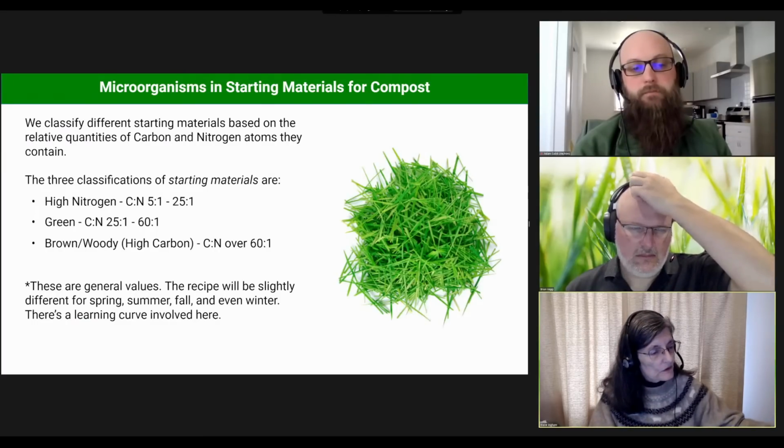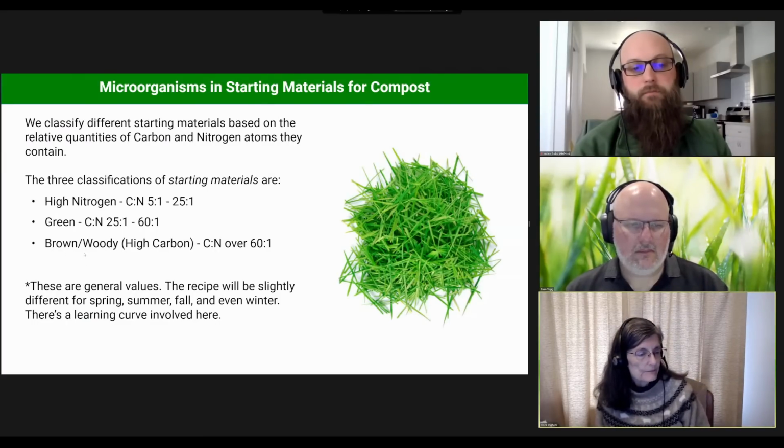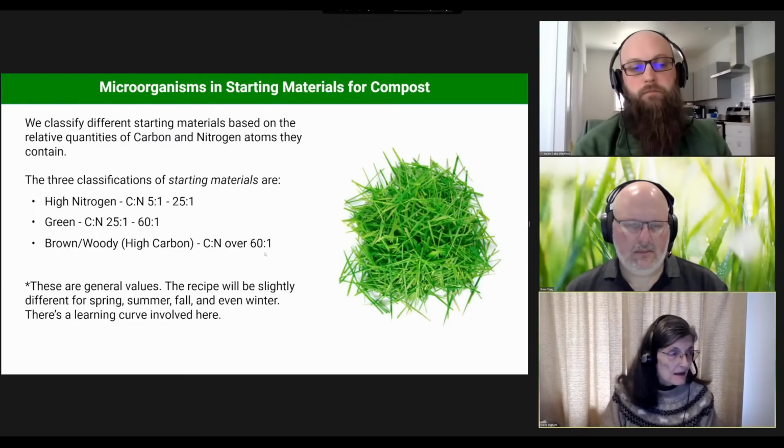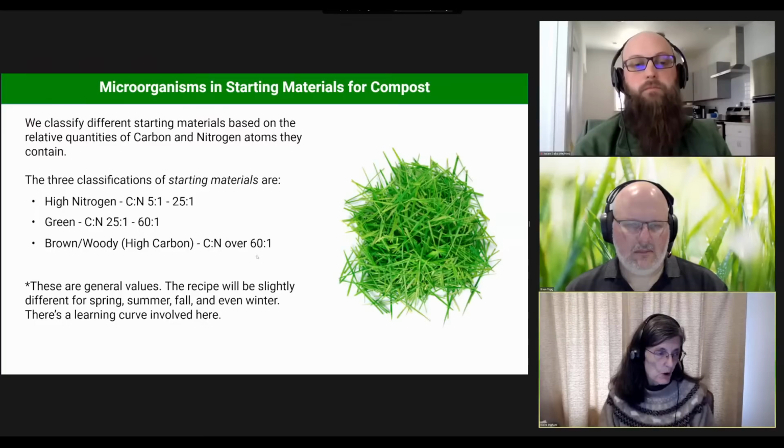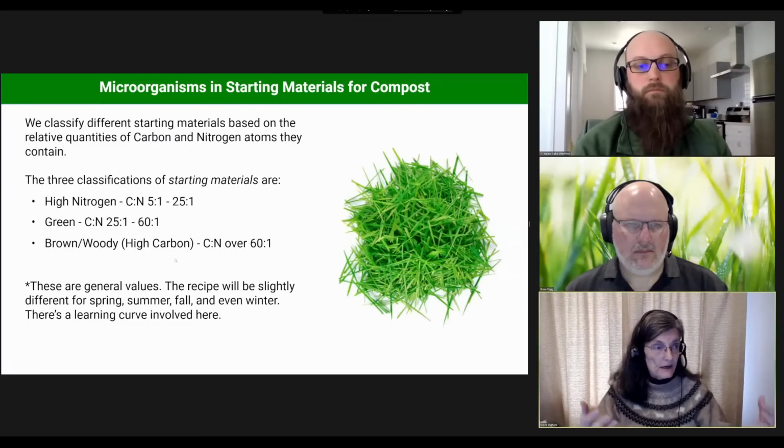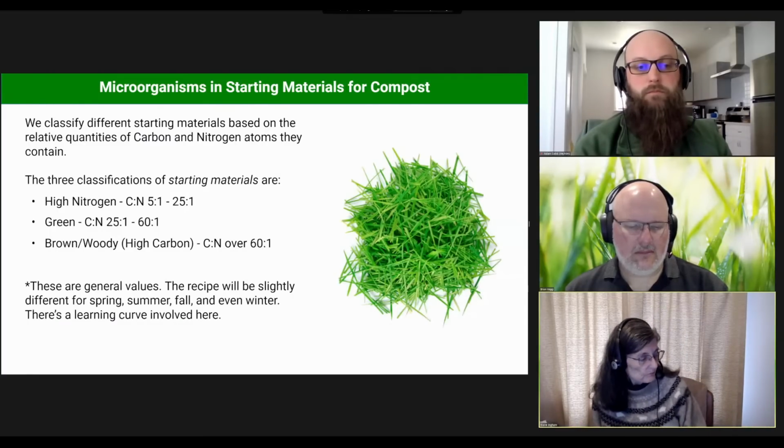When we move into the brown or woody, high carbon containing materials, the C/N ratio is over 60:1. It could be as high as 500:1, 1,000:1, and that's going to severely limit any microorganism that requires a lot of nitrogen. It's going to limit the growth of those organisms.